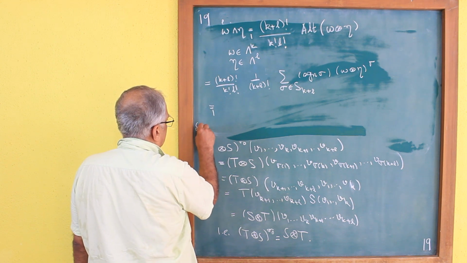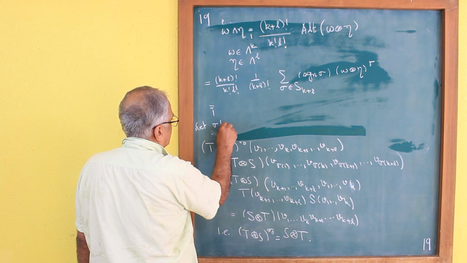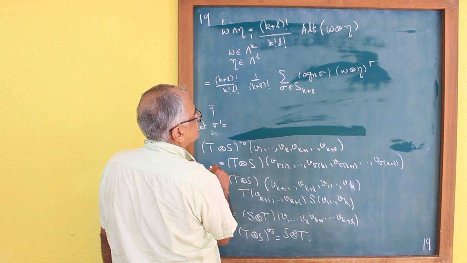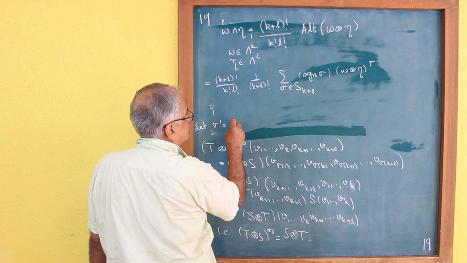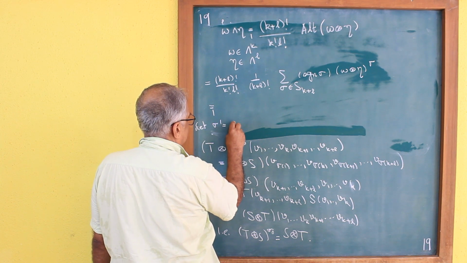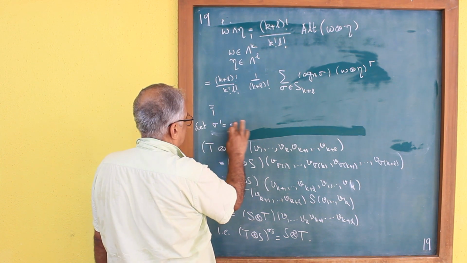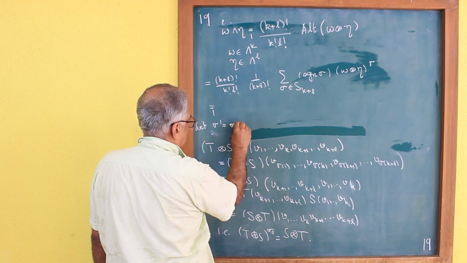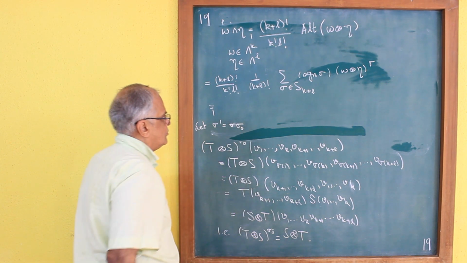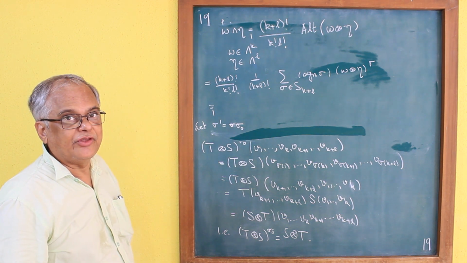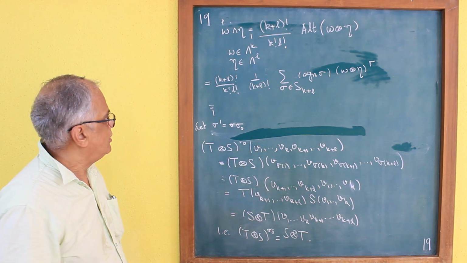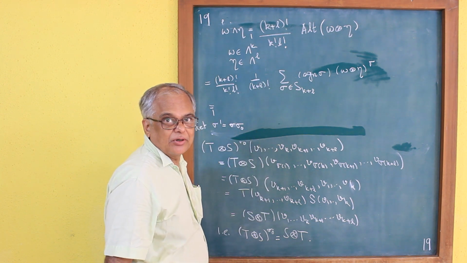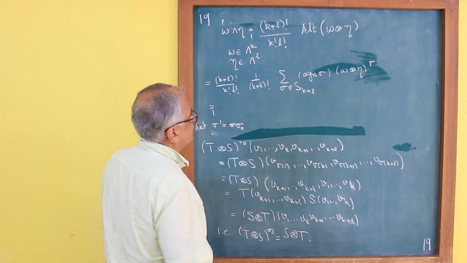Let sigma prime be equal to sigma times sigma naught, where sigma naught is the same permutation that we have just been talking about. So this is a change of variables.